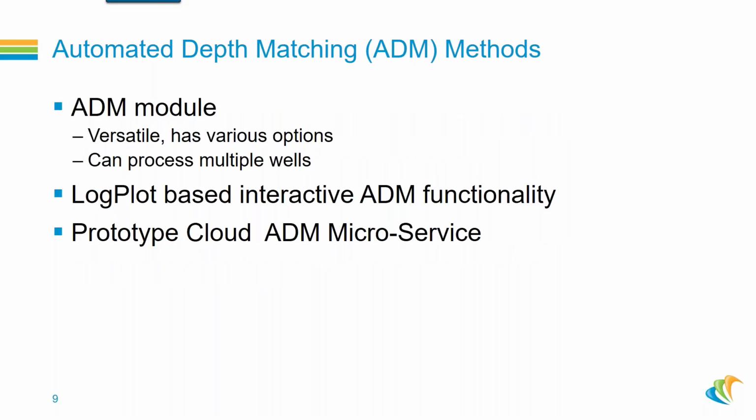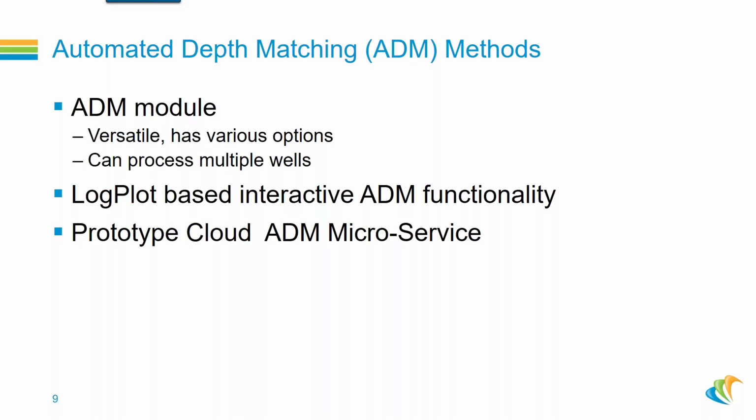Now we're going to show 3 different methods of automated depth matching. Today we're going to show the module, which is an editing module, which is more versatile, has various options for depth matching, and it's the one that can process multiple wells, as many wells as you would like at the same time.